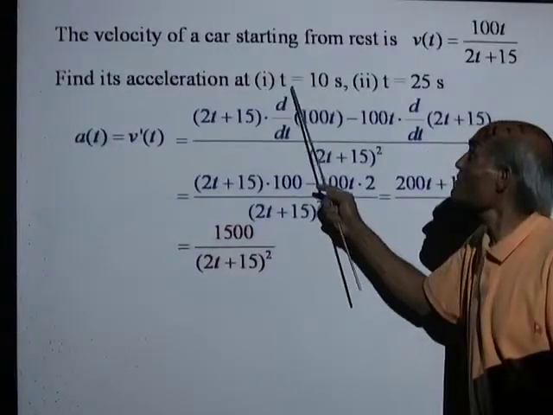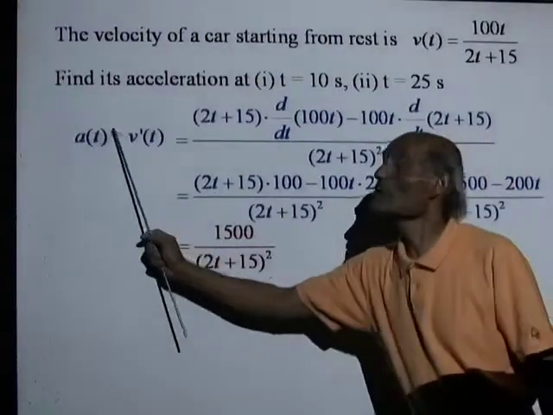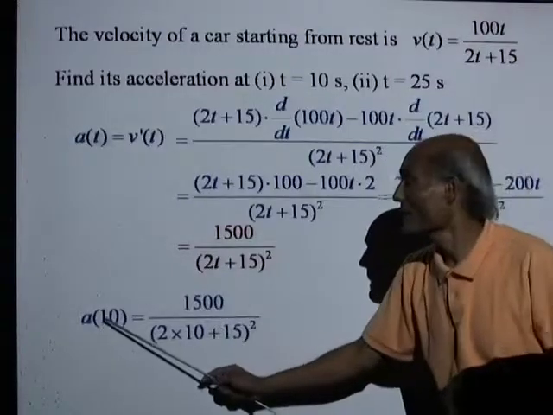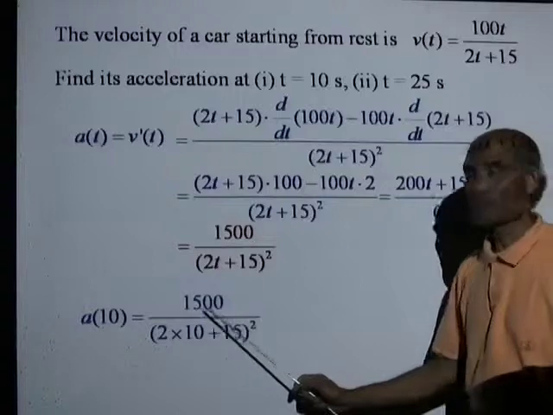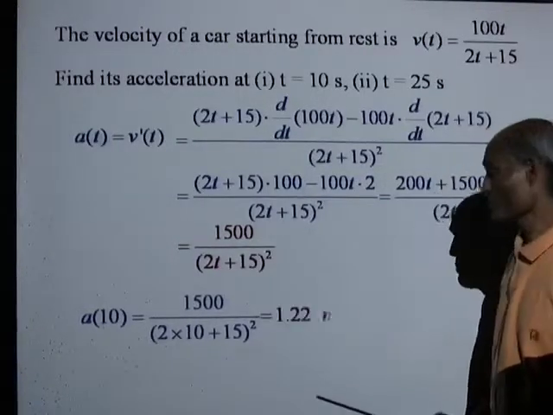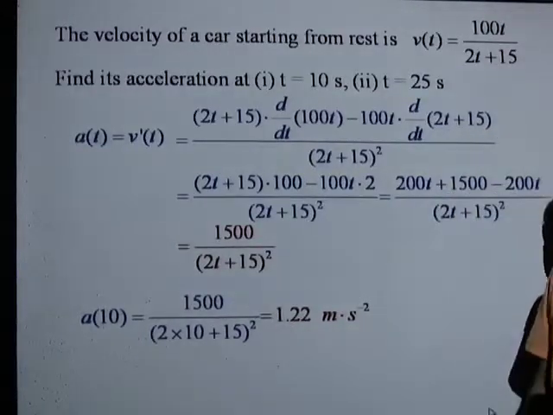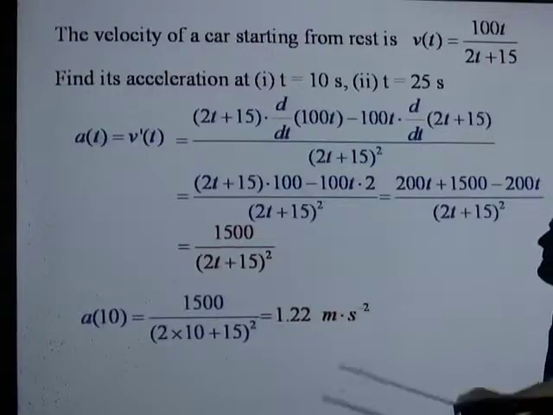We want to find the acceleration at t equals 10 seconds, in other words, the value of a of 10. Replace your t by 10. There you are. And simplify this, what do you get? You can do that on your own. That would be 1.22 meters per second squared.